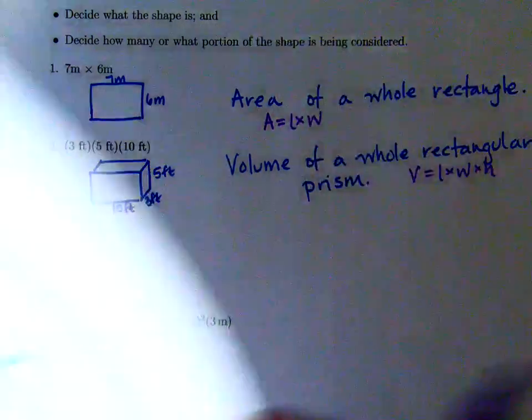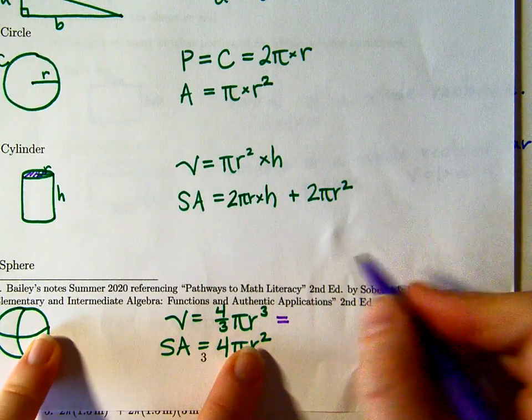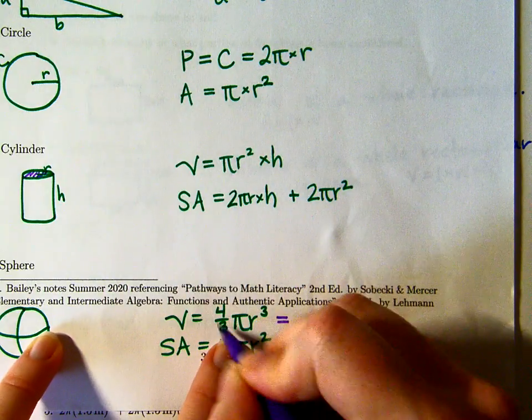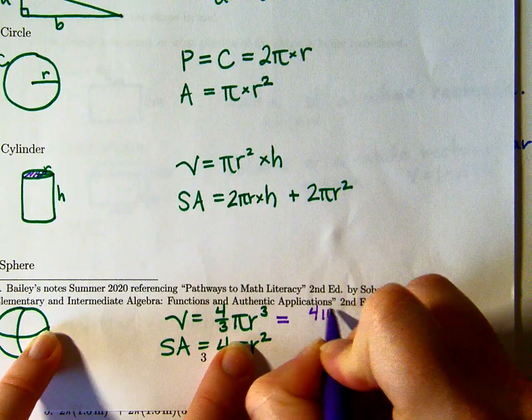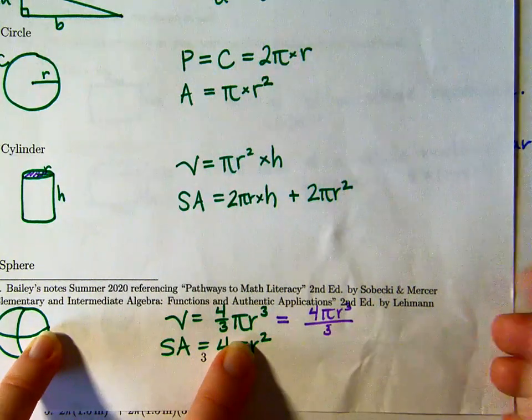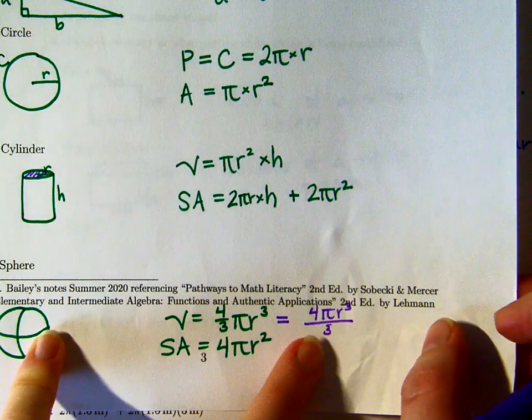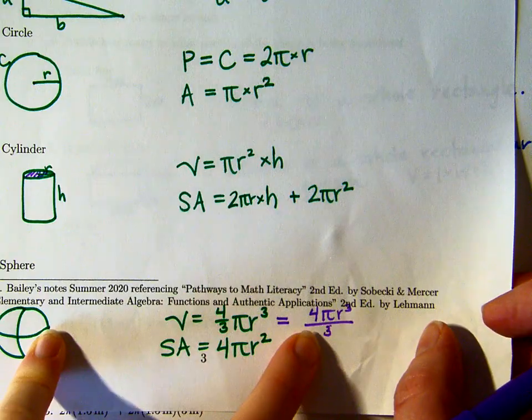So I'm thinking this is the one. But this happened in my mind that 4/3 pi r cubed could be rewritten as 4 pi r cubed and take a third of that. Okay, so these are equivalent, and it looks like they rewrote it to look like that.